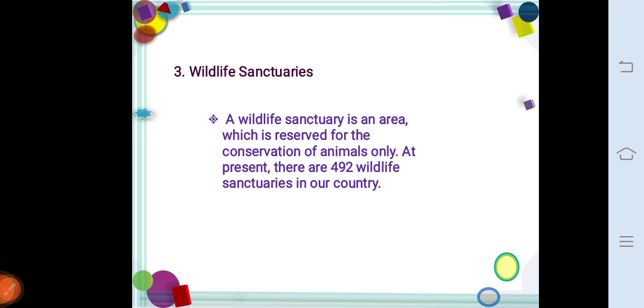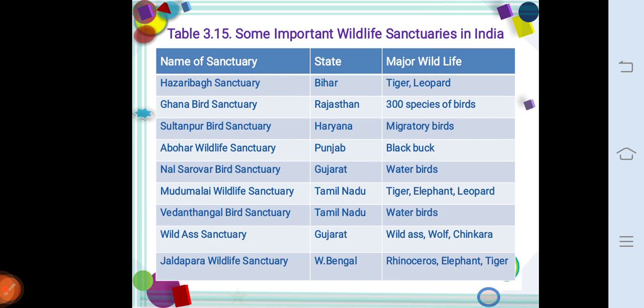The species get adjusted to natural disasters like droughts, floods, and forest fires. Some disadvantages of in situ conservation: a large surface area of earth is required to preserve the biodiversity. Maintenance of the habitats is not proper due to shortage of staff and pollution.